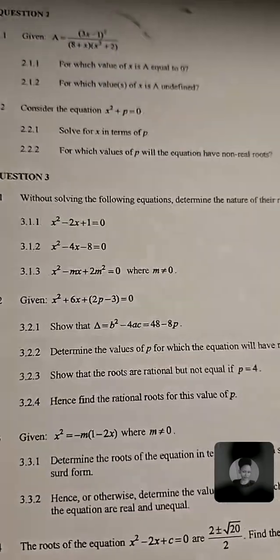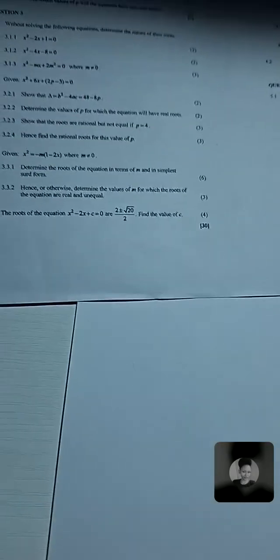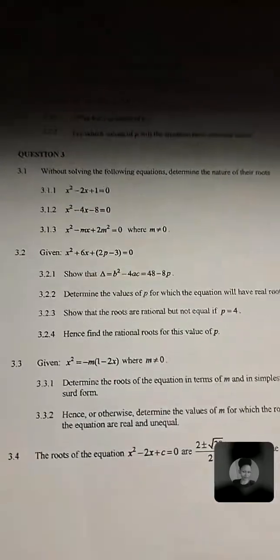So x squared minus 2x plus 1. What do we do? Step number 1. We use delta. But in order to use delta, what has to first happen? So Christine, are you with me? Are you going to help me out?